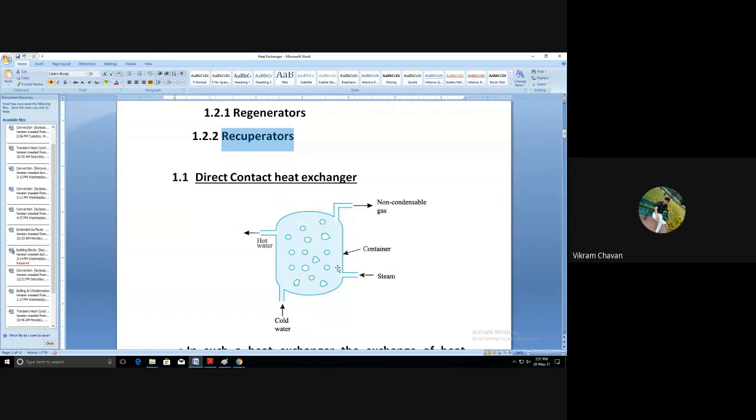There are also non-condensable gases present in the steam, and those will escape from the top side.